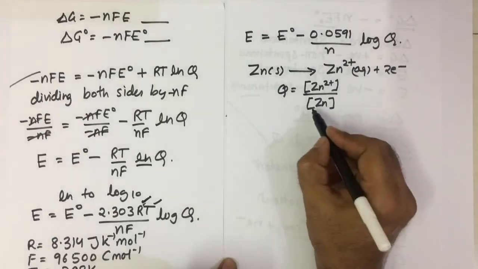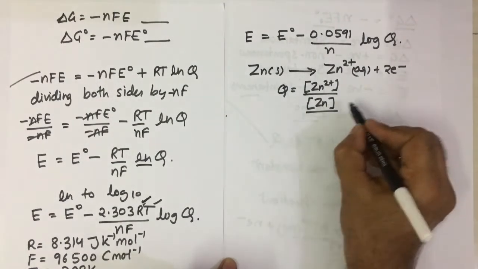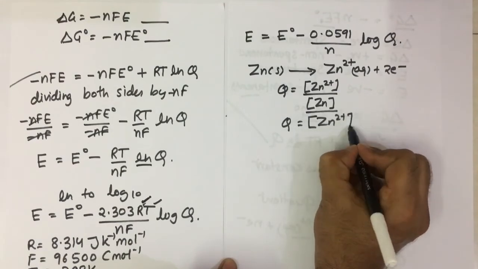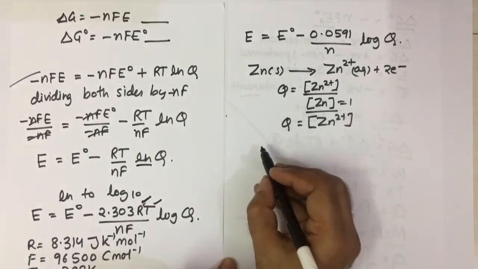Now pure solids and liquids are taken as 1, so Q is equal to Zn2+, because the solid is taken as 1. So we can substitute this value.